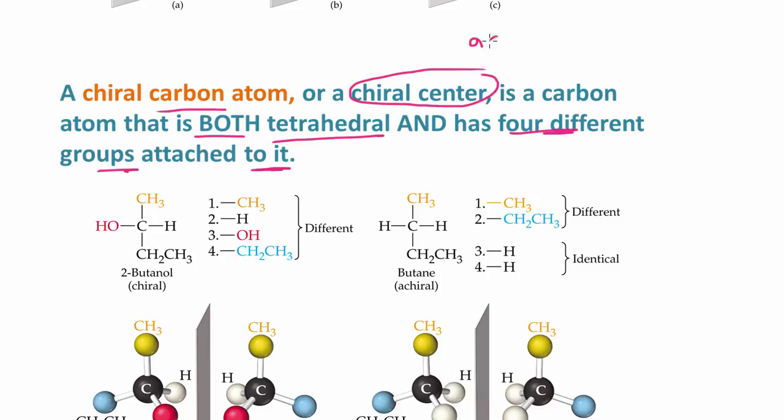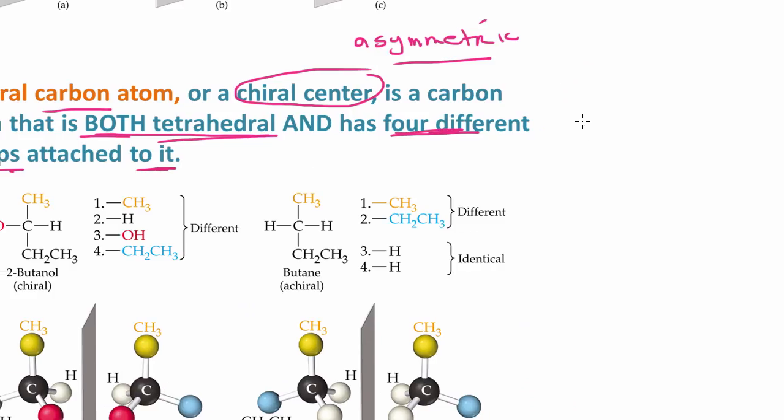We call them asymmetric centers. Okay, so a chiral center is a carbon atom that has a tetrahedral geometry and has 4 different groups attached to it. For this molecule here, let's say I have this here, and this.